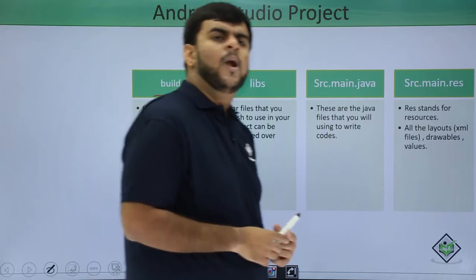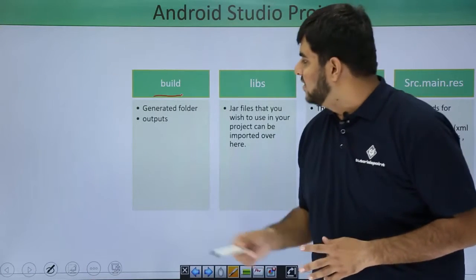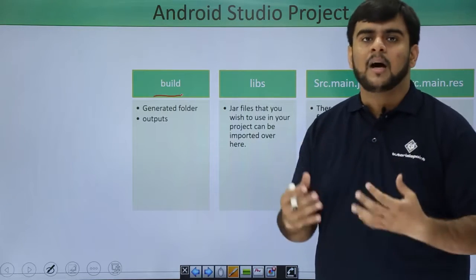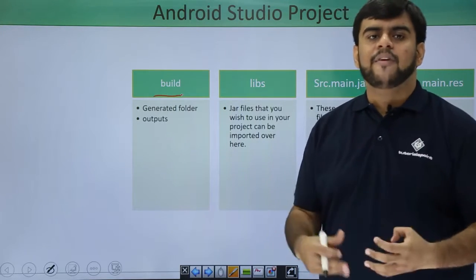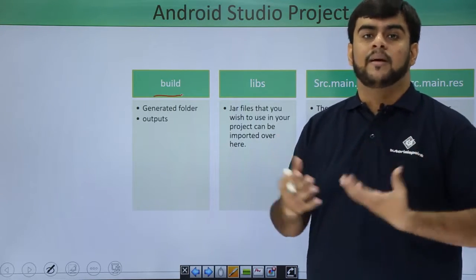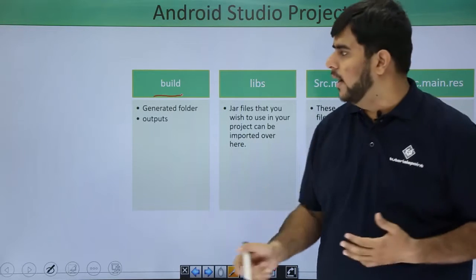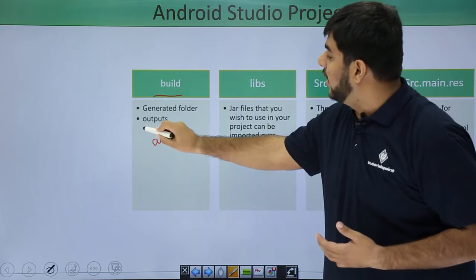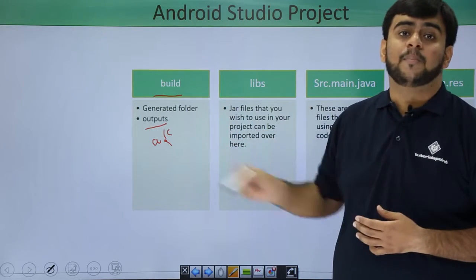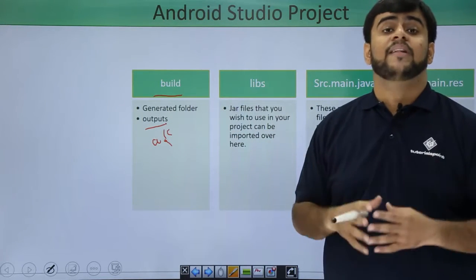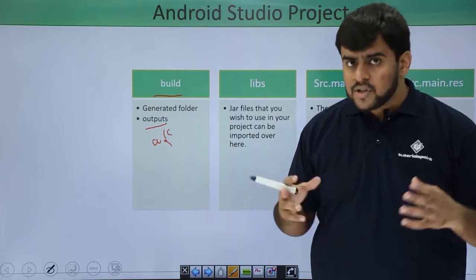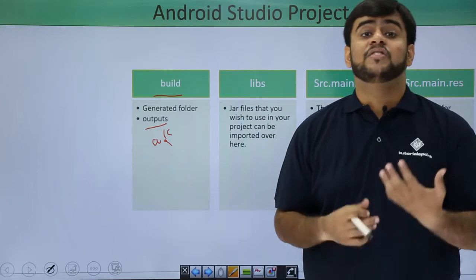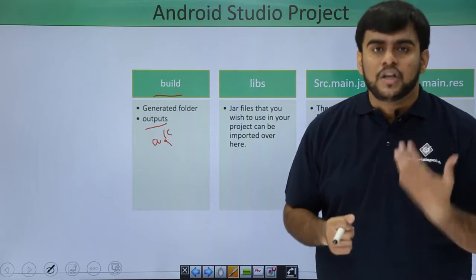So the build. What is the build? All the files generated out of our Java files come as a part of the build. Even your application, after compiling, the APK file that we get comes as a part of the build. You are all aware that we as developers always distribute our APKs to the user.